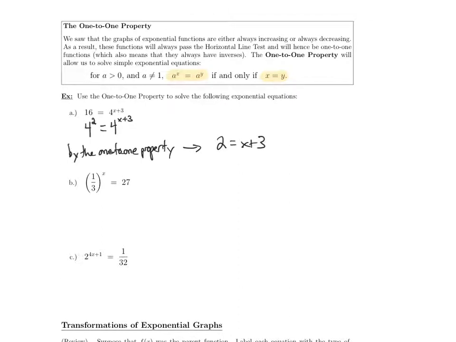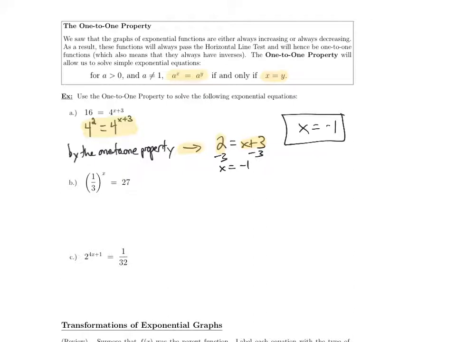It's not that I got rid of the 4 on both sides; it's that the fact that these two are equal means that these two exponents are equal automatically. Therefore, I can simply solve this and get x is equal to -1 for my solution.